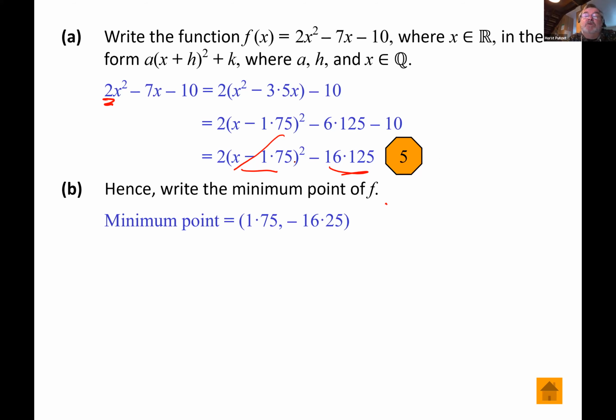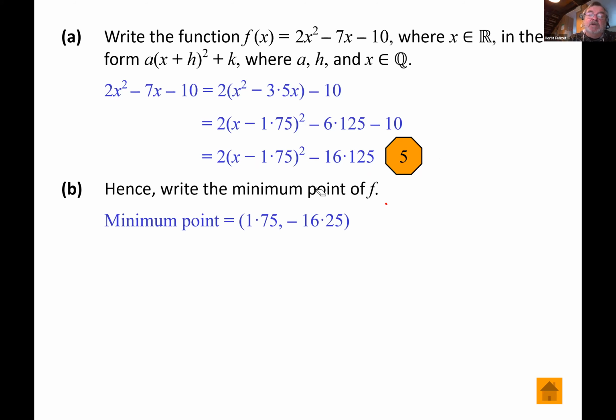But as I say, the only time that they've really asked it over the last probably 6 or 7 years has been that one, which is a fairly nasty little question. Generally, if you look at any of these in the textbooks, you'll see that there's plenty of them which are very nice and straightforward, and they work out to be whole numbers. And we do like playing with whole numbers.